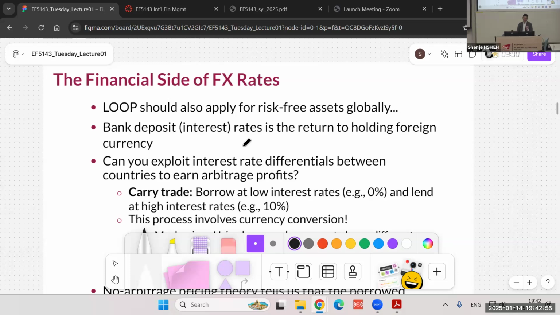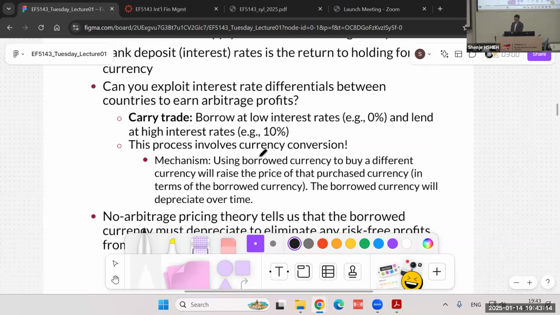The argument is identical to the argument I made about Coke and cars. If these two assets give me the same cash flows or returns for the same risk, then I should not be able to make free money. So let me give you a concrete example.